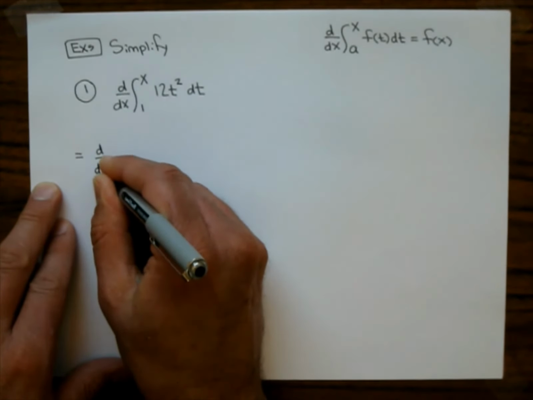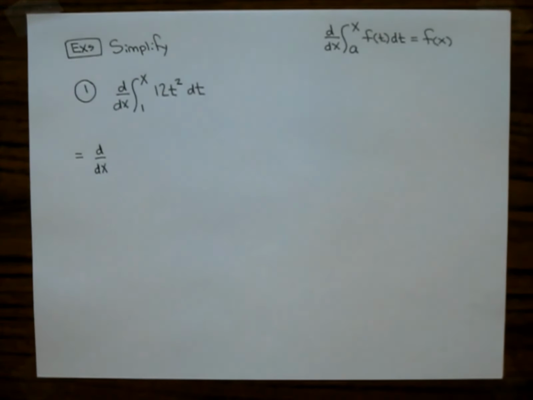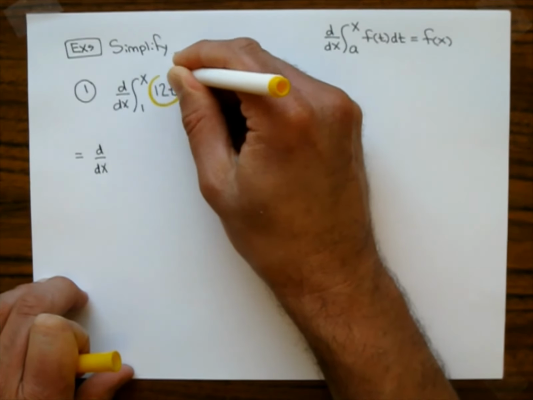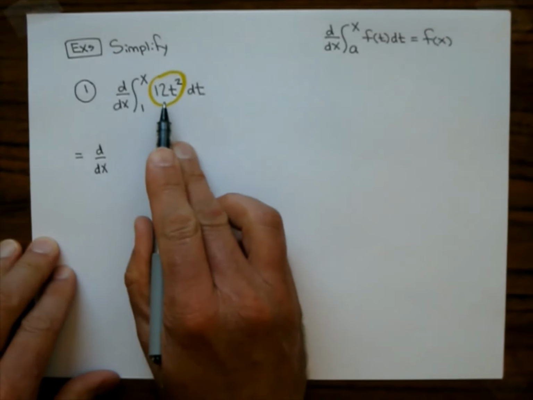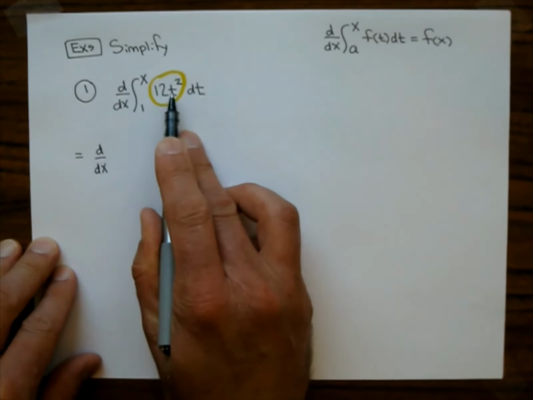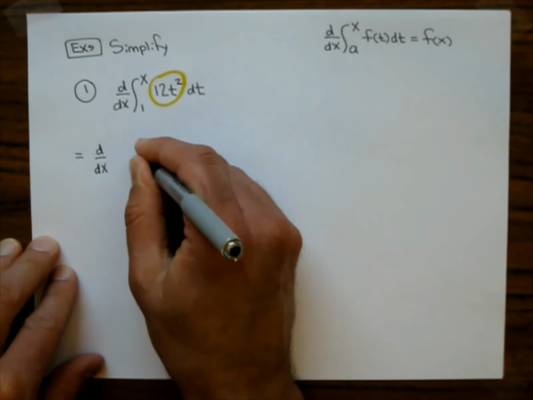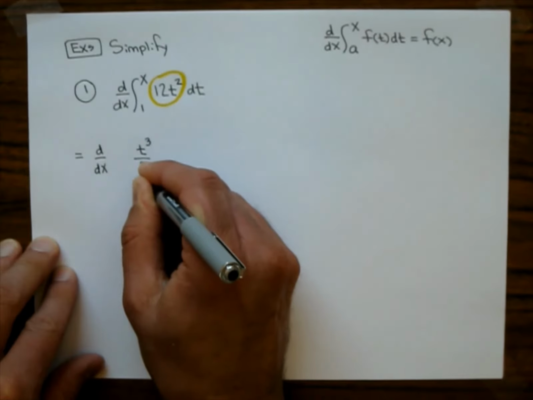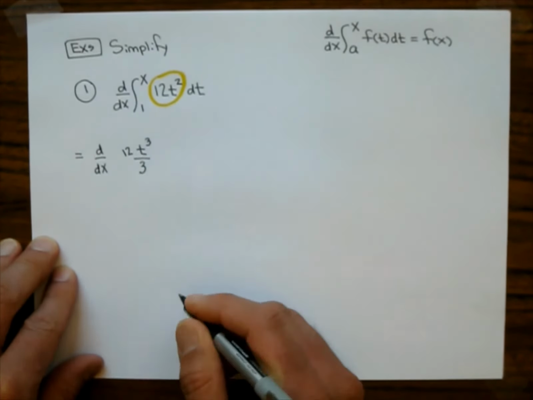So we have d/dx, and let me circle our original function. So let's just remember, there's our original function. Circle it in yellow. Okay, let's take the antiderivative of this. So this is going to be t to the third over 3, that's the t squared, and then we also have the 12 there.